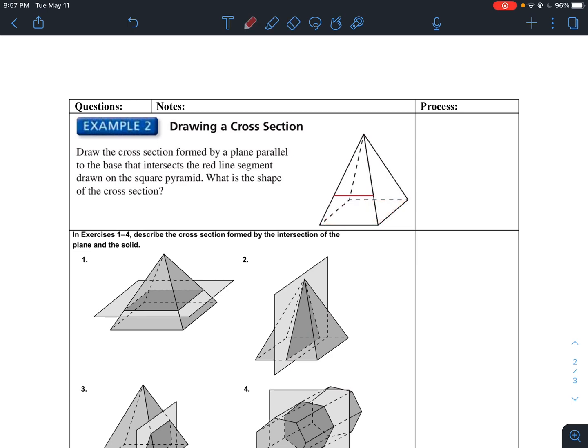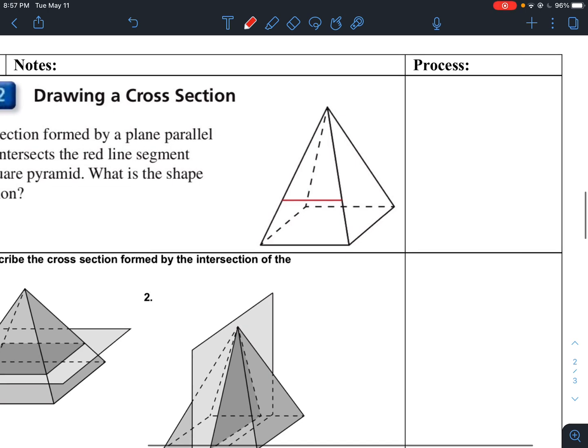And what shape does it make? So imagine that we're taking a slice of paper and we're cutting it through right there. Let's see if we can accurately draw what that would look like.